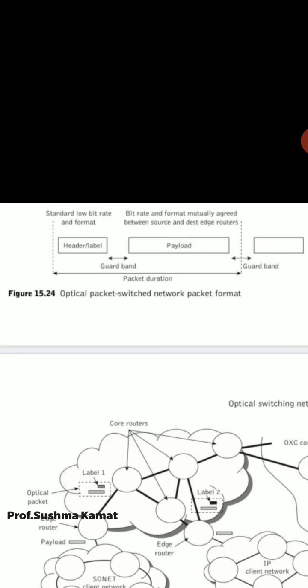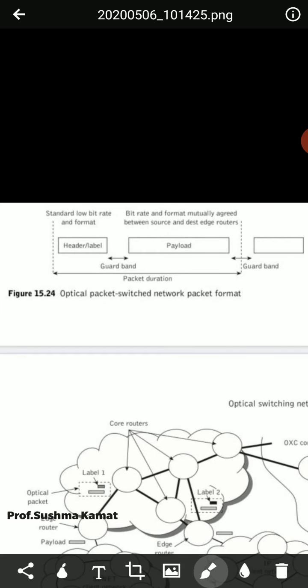In an optical packet switched network, that is OPS, data is transported entirely in the optical domain without intermediate optoelectrical conversions. An optical packet switch performs four basic operations: routing, forwarding, switching and buffering.